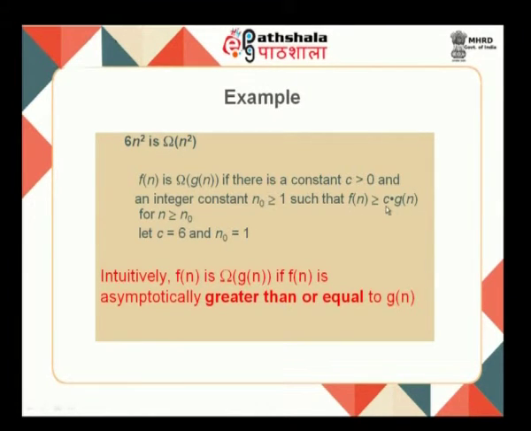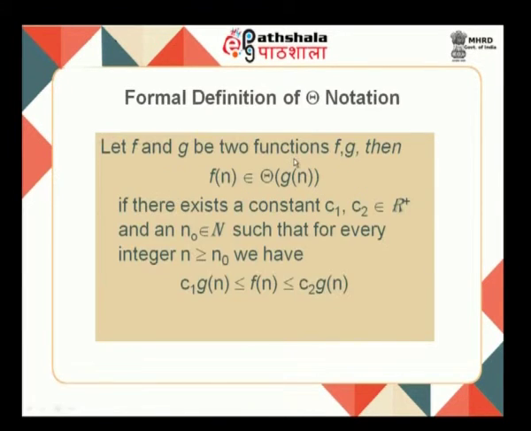So, when c equals 6, then 6 n square is equal to 6 times n square. Therefore, this condition holds good, and we can say that 6 n square is omega of n square. So, in this way we can start proving all the things.